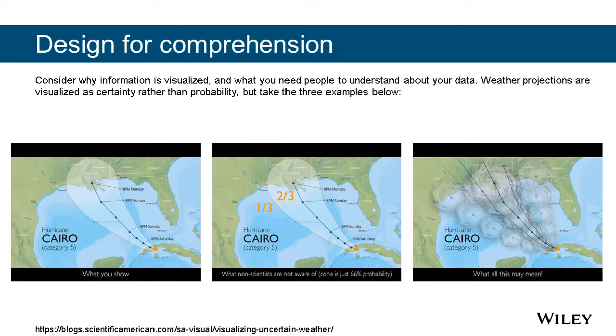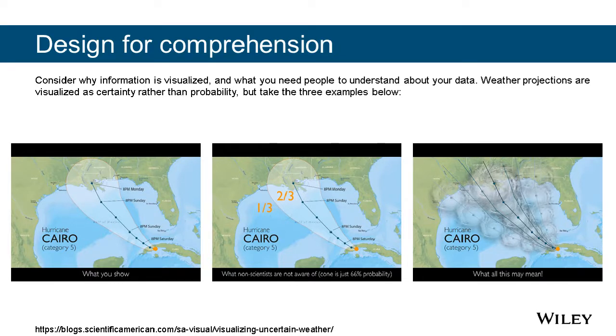So these three charts here show different depictions of weather projections. And rather than starting with the idea that I need to share this data on an upcoming hurricane, we start with the idea of people need to be prepared if this upcoming hurricane is going to affect them. And from that idea of preparation and protection, we can build out a concept that focuses on a visualization showing the probability that people will be affected by this hurricane, when and how much.